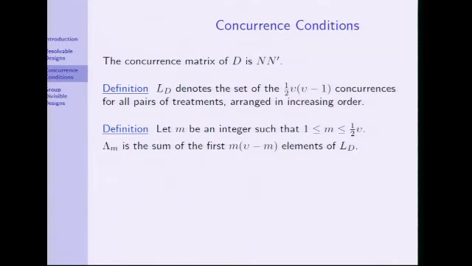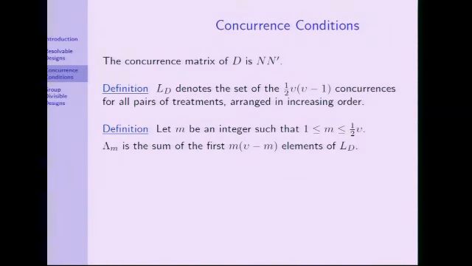And I'm going to have 2 definitions that I will use for following results. Think about the v choose 2 concurrences for the treatment pairs and put them in increasing order. Some of them might well be 0, some of them you would expect to be the same, but basically arrange them in order in LD.